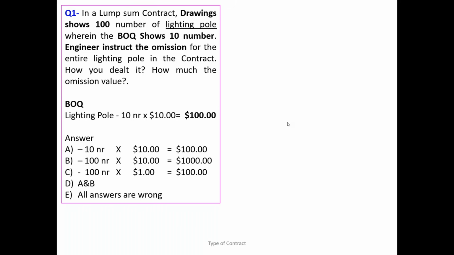Even though you agree the rate in the lump sum contract, it is subject to challenge. It's not a remeasure contract. A remeasure contract is bound to the prices. A lump sum contract is bound to the total amount. Therefore, your rate is subject to challenge.